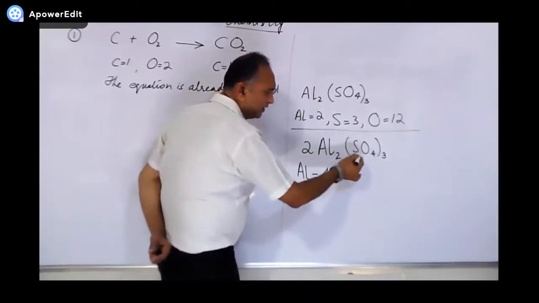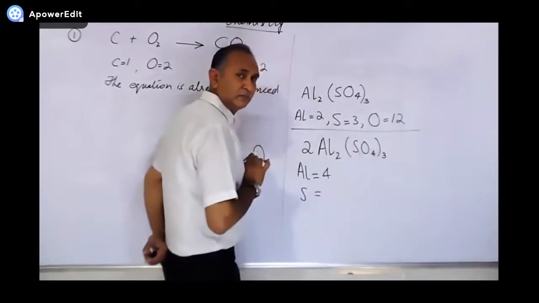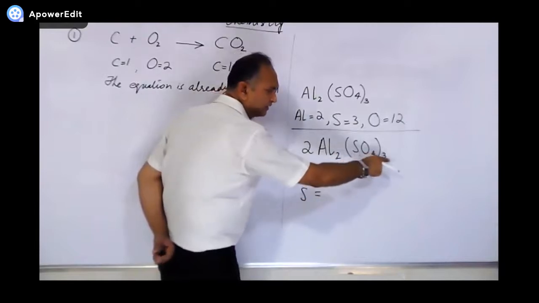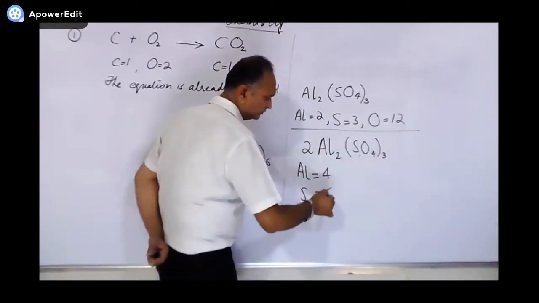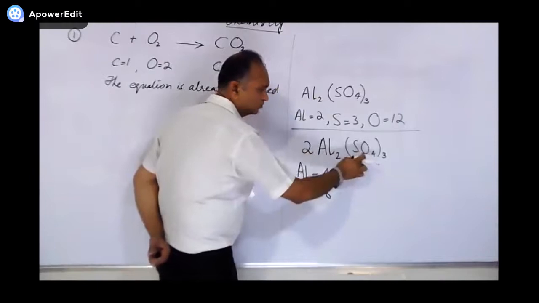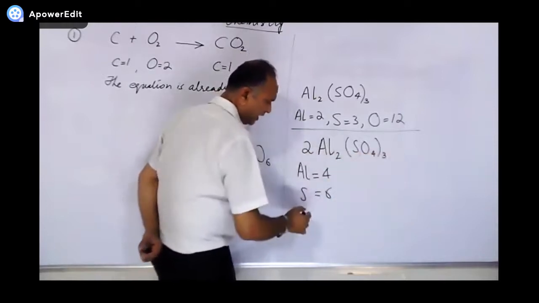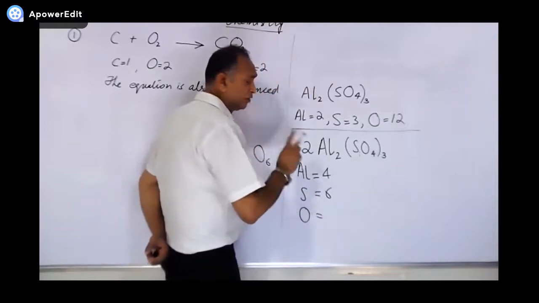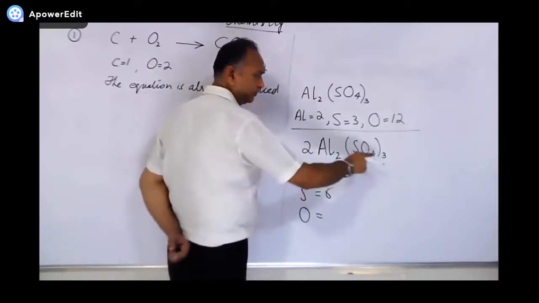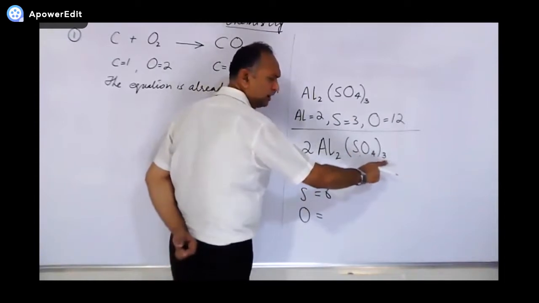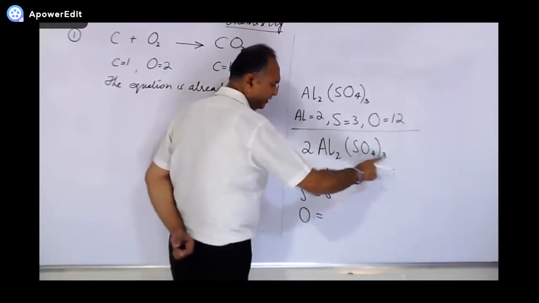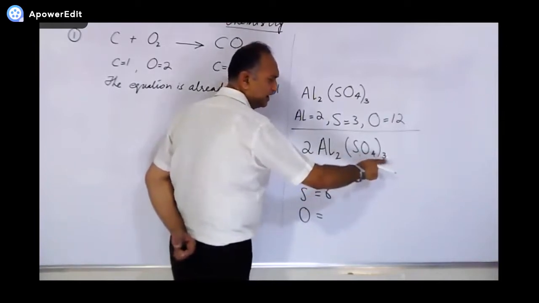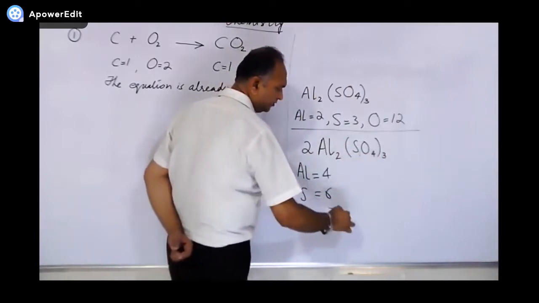What is the subscript here? 1. So you will multiply 2 ones are 2 and then 2 threes are 6. And finally the oxygen. What will you multiply? 2 by this subscript and then by the next number. So it will become 2 fours are 8, 8 threes are 24.